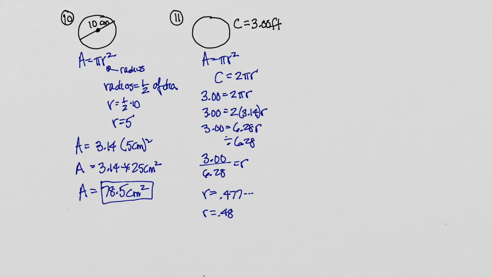Now, if I take this number for r and put it back into our formula way up here, we'll be able to get the area. So let's do that. The area is equal to pi, 3.14, times 0.48 feet squared.